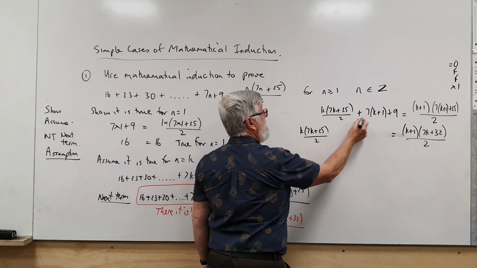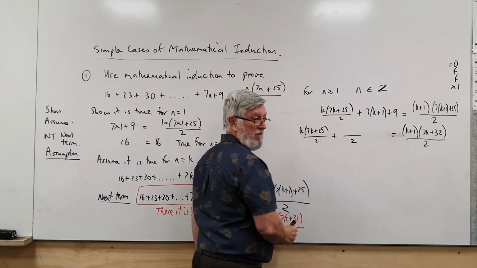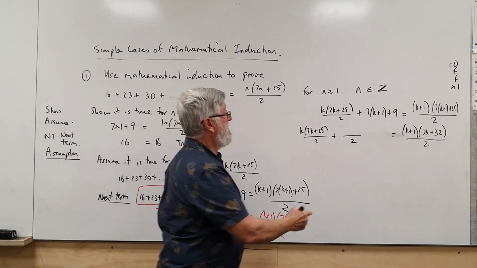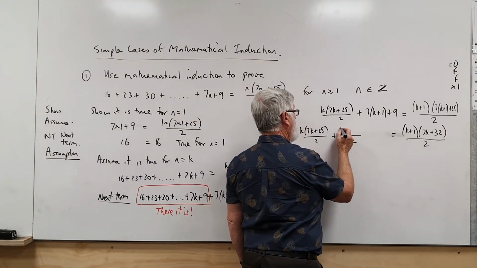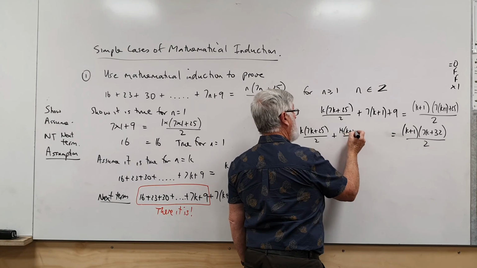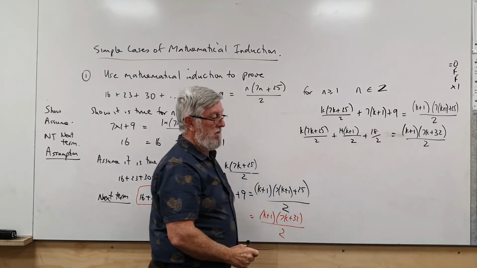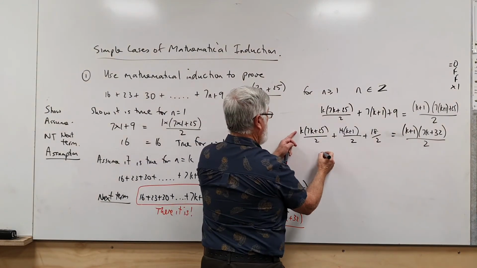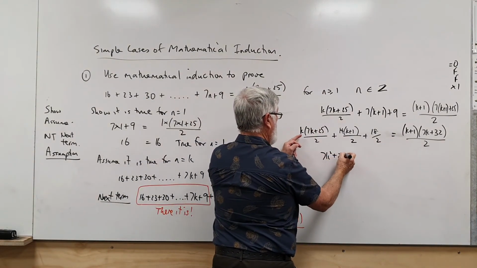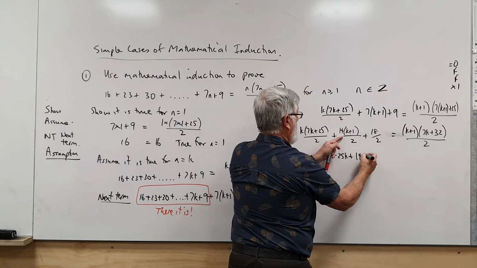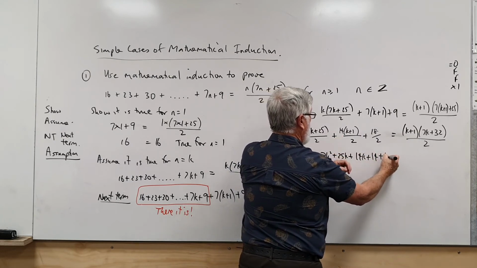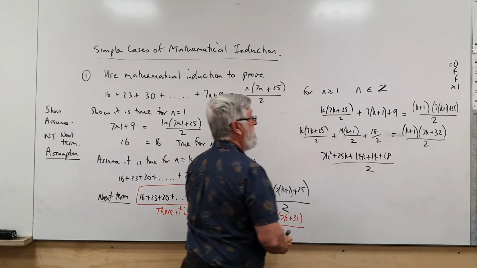That's on 2, so I want that to be on 2. Yeah? So double both, double the bottom, double the top. Imagine how much I could abbreviate this. That's 18 on 2. So now I've got 7k squared plus 25k plus 14k plus 14 plus 18, all over 2.